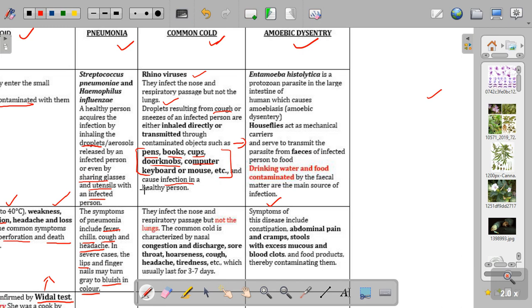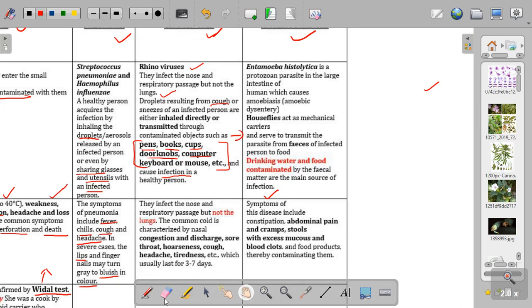Then, what are the symptoms? They infect the nose and the respiratory passage, but not the lungs.